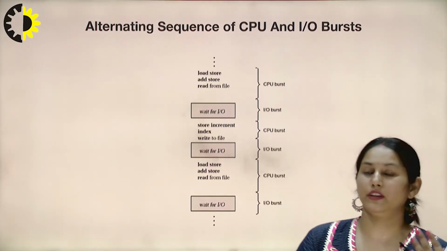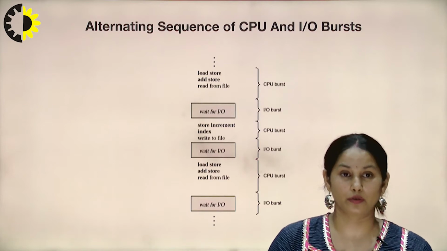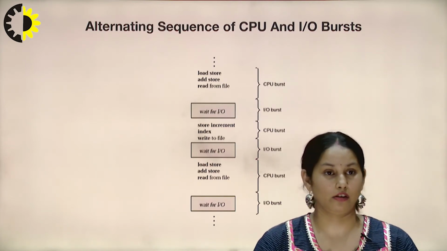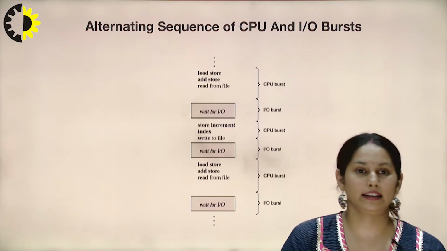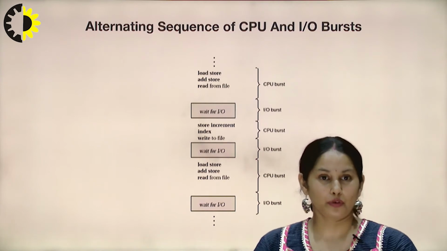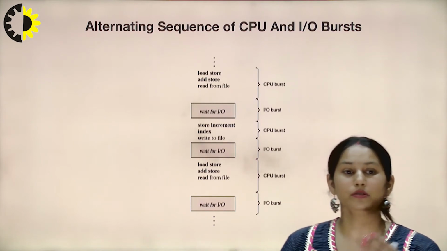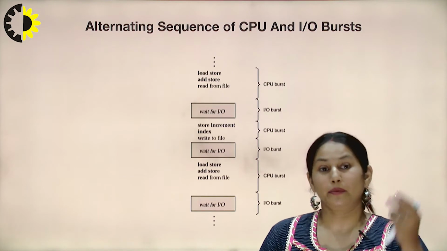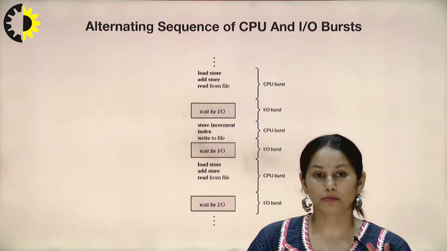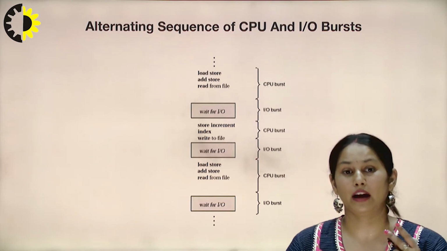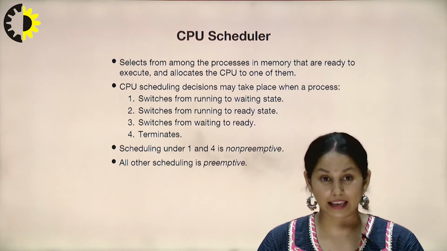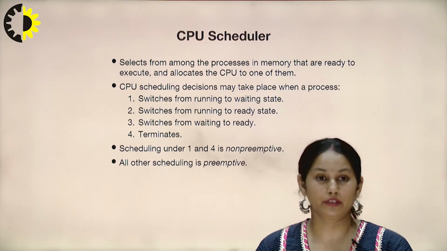Again, when we have instructions going on, like store, increment, writing to the file, reading from the file, adding something to the database, or retrieving something from the database, that is all the CPU burst time. And whenever you are using input output resources, it means you are having input output burst time.